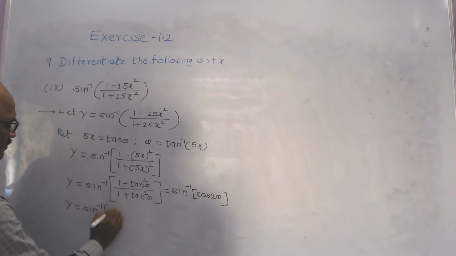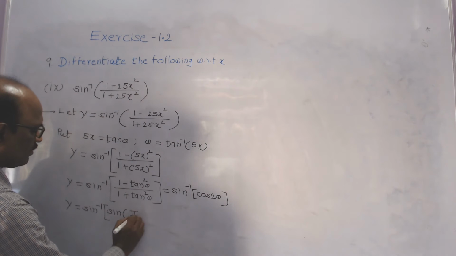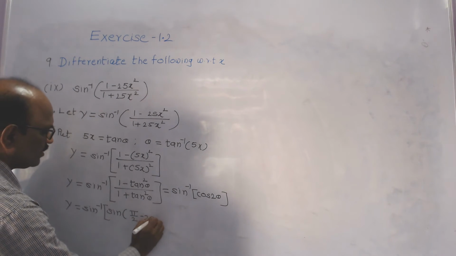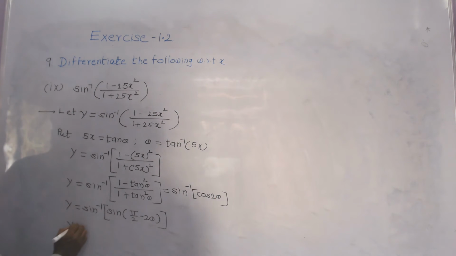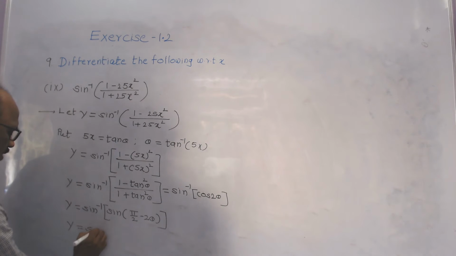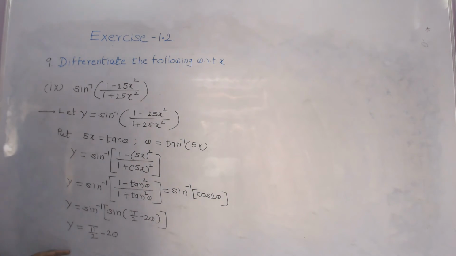therefore again it can be written as sine inverse of sine of (pi by 2 minus 2 theta), and hence y is equals to pi by 2 minus 2 theta.